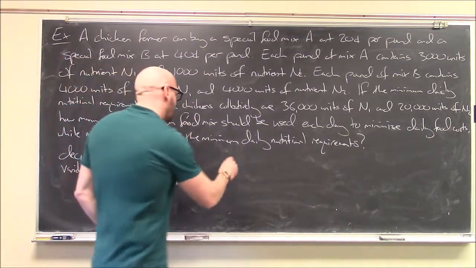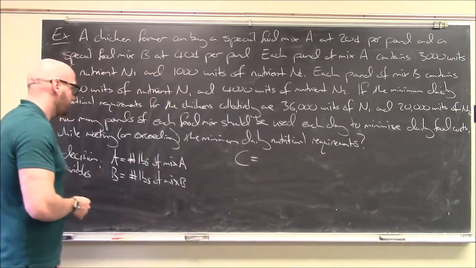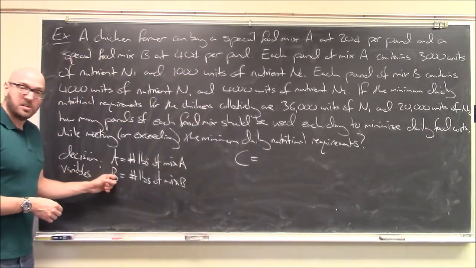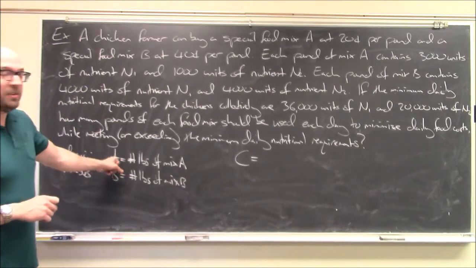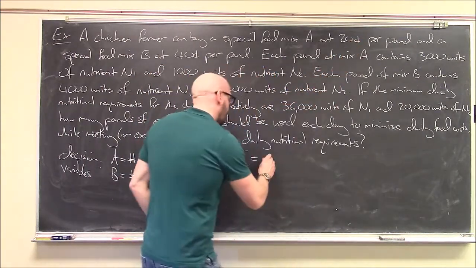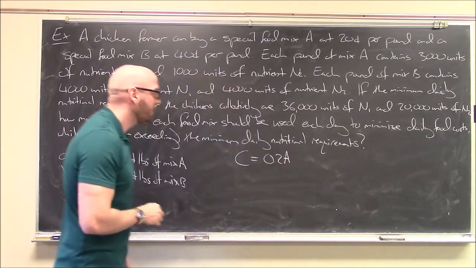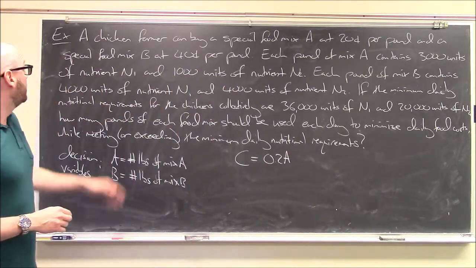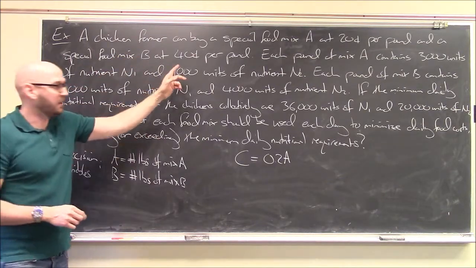So let's come up with a function for daily food costs. We'll call it C for cost, based on my decision variables A and B. If I decide to give my chickens A pounds of mix A, that's going to cost me 20 cents per pound, so I'll convert this to dollars: 0.2 times A. And if I give them B pounds of mix B, that's going to cost 40 cents per pound.